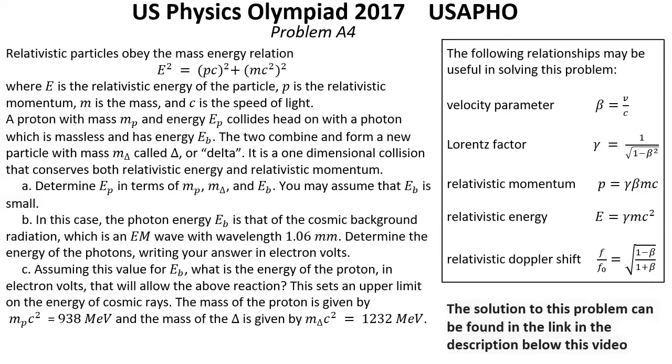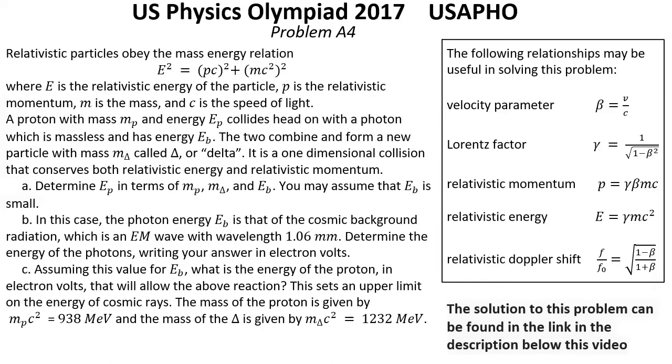Question A. Determine E_p in terms of m_p, m delta, and E_b. You may assume that E_b is small. Question B. In this case, the photon energy E_b is that of the cosmic background radiation, which is an electromagnetic wave with a wavelength of 1.06 millimeters.